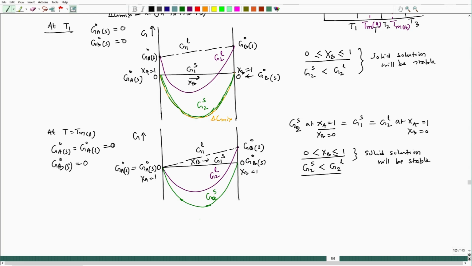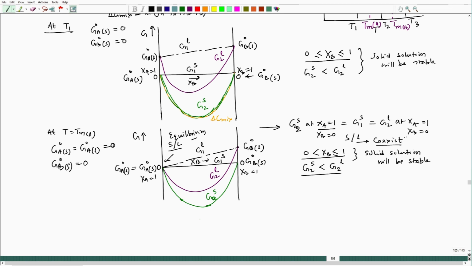When we look at this point, I see that solid as well as liquid will be under equilibrium. Hence, solid and liquid both coexist.